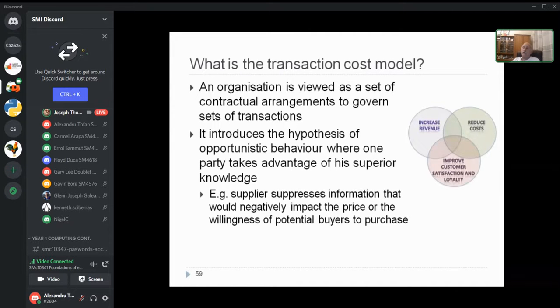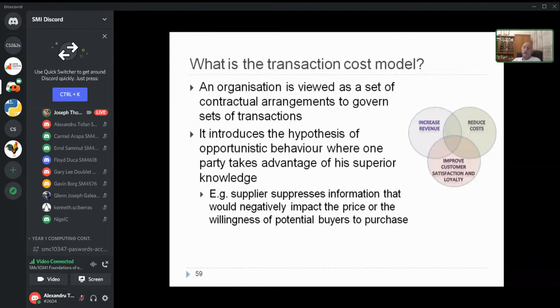This is where we've just seen information asymmetry, because there is an imbalance in the amount of information that they know. So the person who has more knowledge of the transaction may behave opportunistically, may try to make capital out of his additional knowledge.